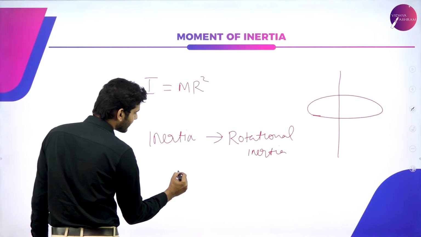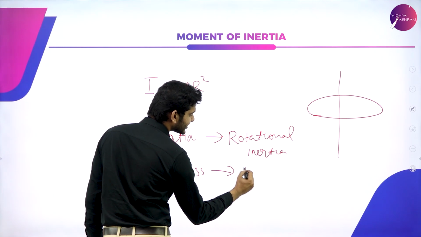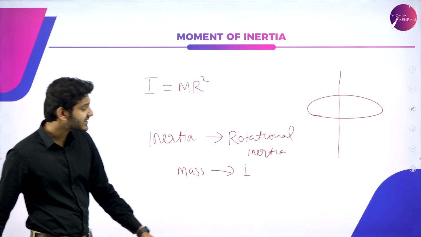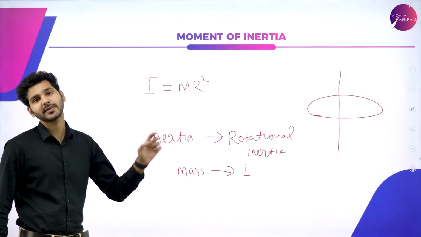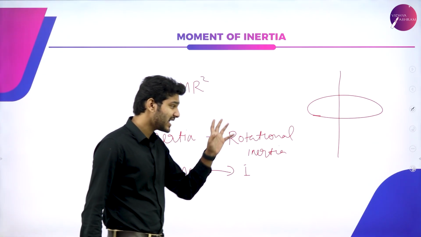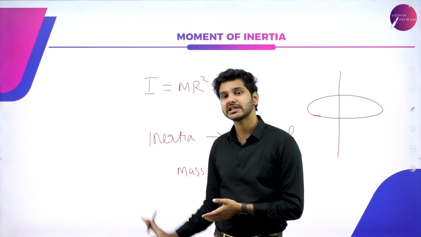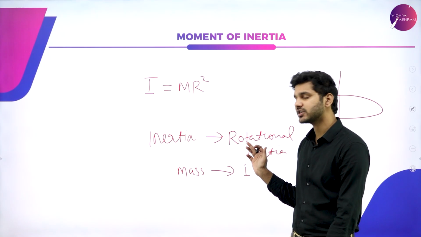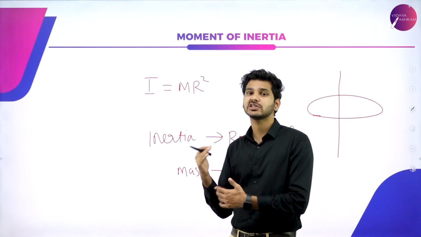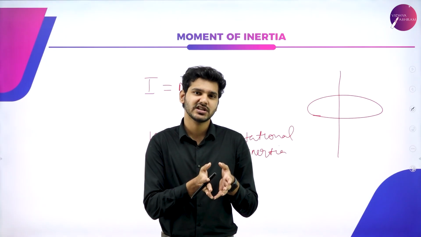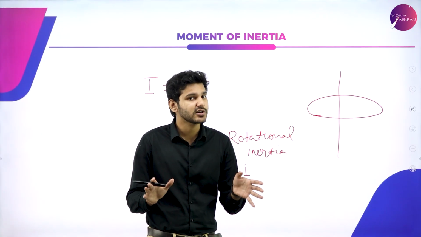That is, if we say mass in the linear sense, then we say moment of inertia I in rotational mechanics. So understand that moment of inertia is actually analogous to mass in linear mechanics, or simply these are the rotational analogues of the linear quantities. For example, inertia becomes rotational inertia, mass becomes moment of inertia. That is how the change happens. Just because there is a change in name, don't get confused. This is not inertia, this is moment of inertia, which is a different quantity.